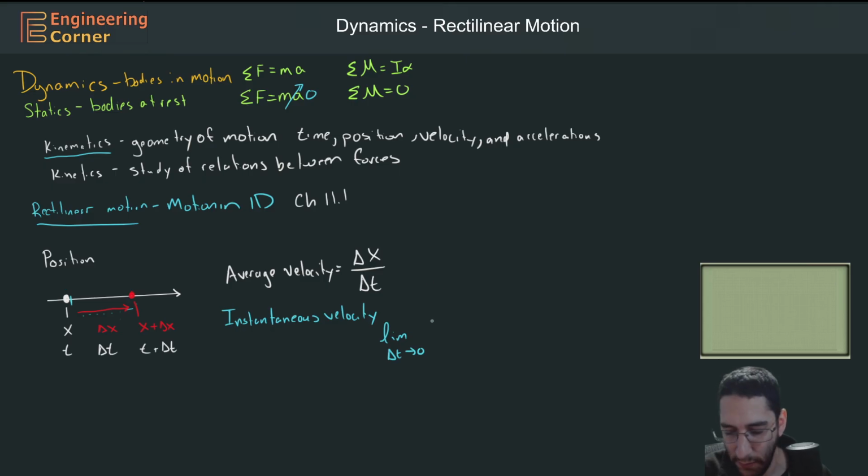And it's going to be whatever this change in x over change in t is. Now, we know that we can't have a 0 in the denominator. So this really just becomes the change in x, dx, over the change in t, dt. And this is the derivative of x with respect to time. And this is a very important equation that we have and that we'll be using today.